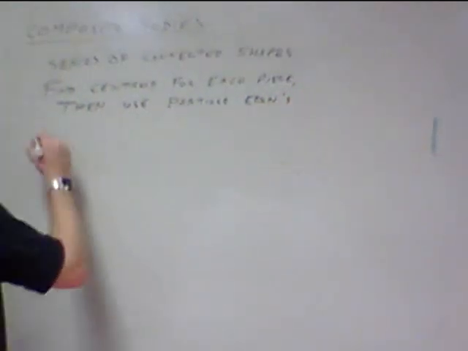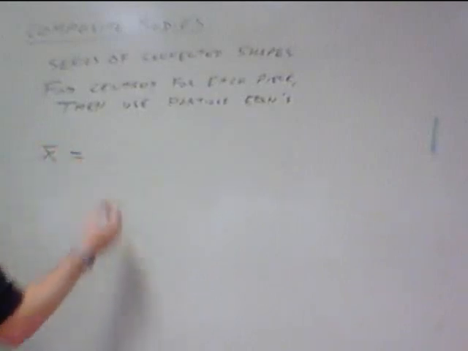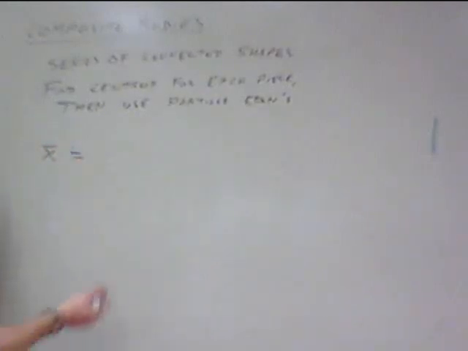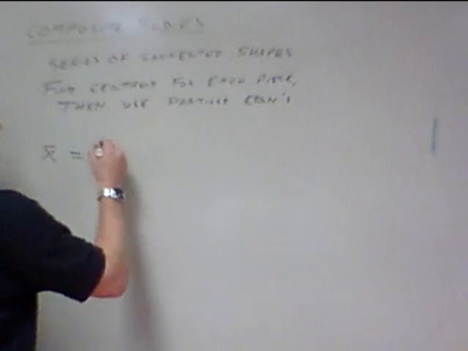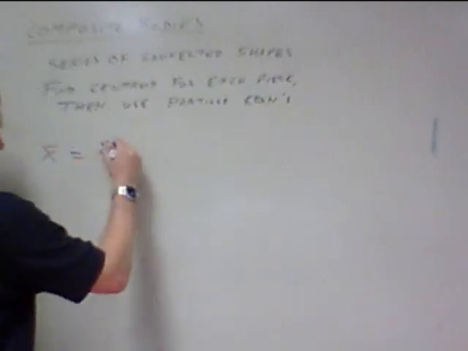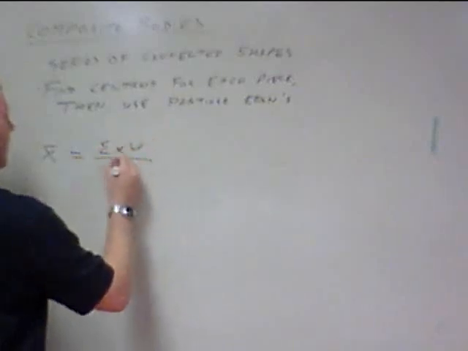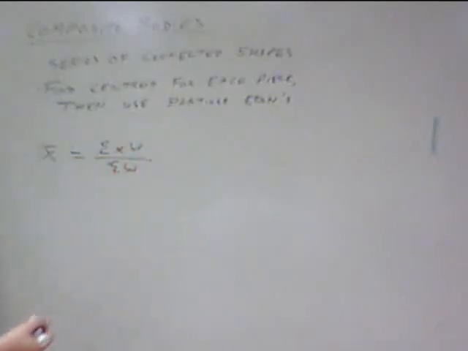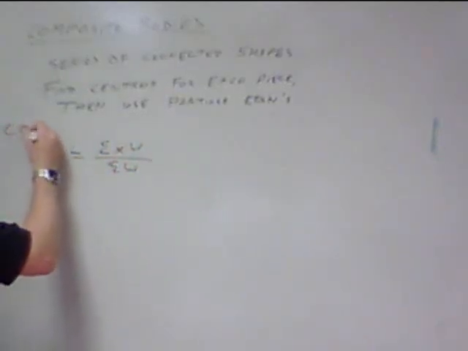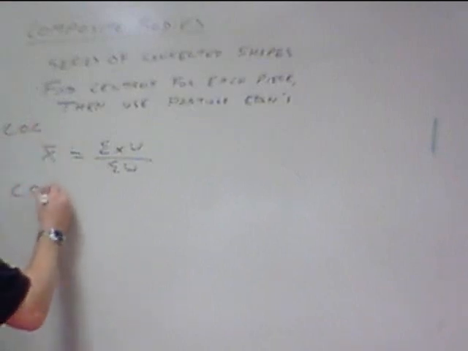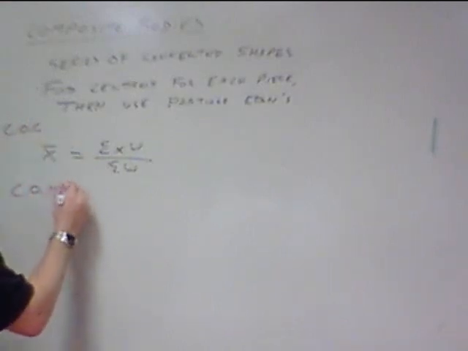First thing I mentioned at the beginning of this lecture, we said the x bar for center of gravity was the summation of xw over the summation of w. Well, this is center of gravity, center of mass. It's the same sort of thing.